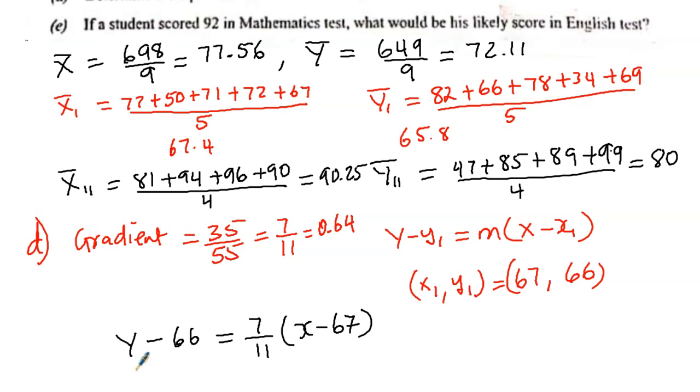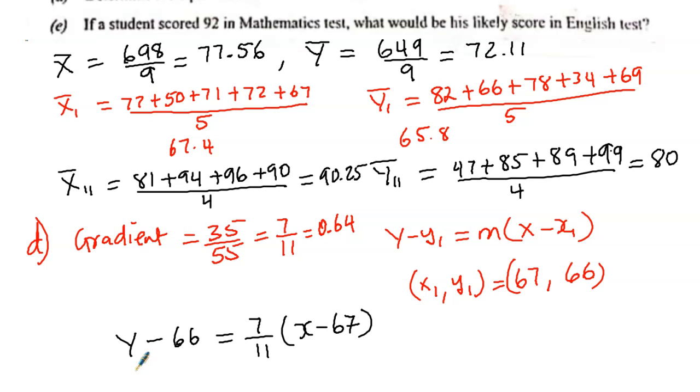It said that if a student scored 92 in mathematics, what will be his likely score in the English test? Here we can use the equation to do this question. They didn't specify whether we're supposed to trace it from the graph or from the equation. You can decide to do whichever, and you're supposed to get your full mark.